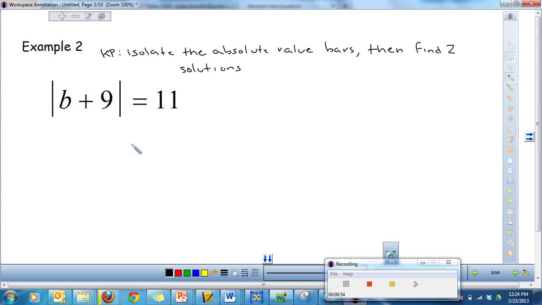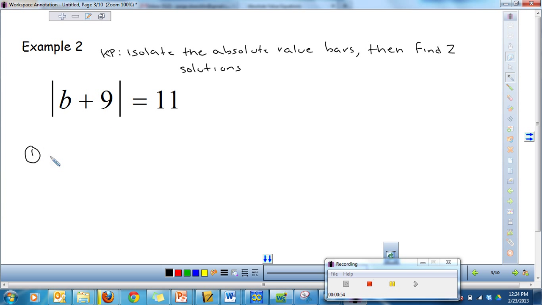So I'm looking at this problem, and right now I have the absolute value of b plus 9 is 11. This b could be a negative number. This b could be a positive number. We don't know. So once we have these absolute value bars isolated, there's nothing on either side of them. There's nothing on the outside of them. We can take our two solutions. And the way we're going to do that is to physically take this twice.